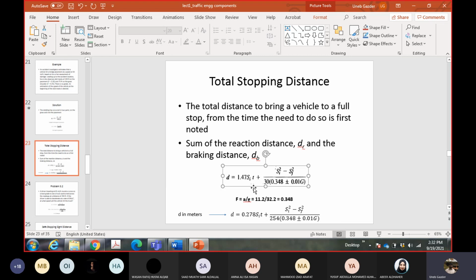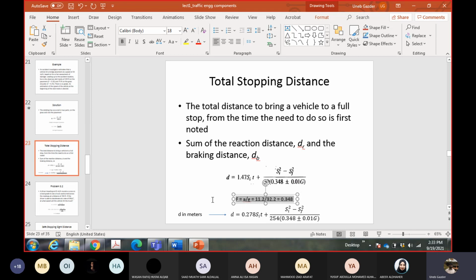If the conversion is to feet, then the braking distance is also in feet, and if you use the conversion factor in meters, then the braking distance is also in meters. One more thing you can see here is 0.348. This is supposed to be F, skid resistance, but it is written here as 0.348. Why? Because of this thing.